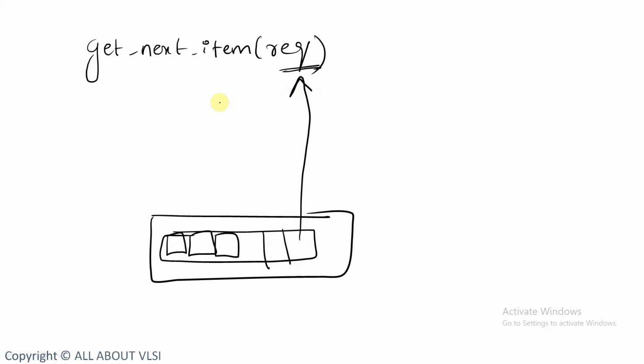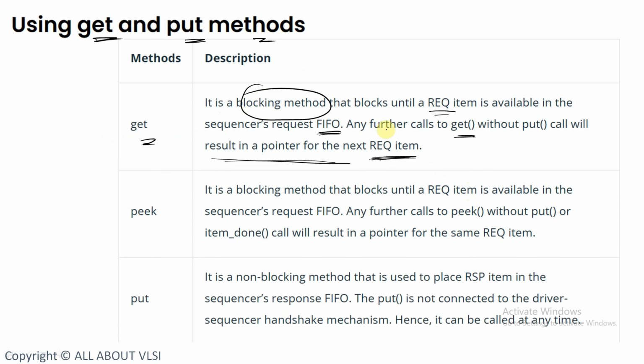The second item can be accessed only after you call item_done. But in the case of the get method, we can call it without calling the put method. We will have one put method, which is similar to item_done.